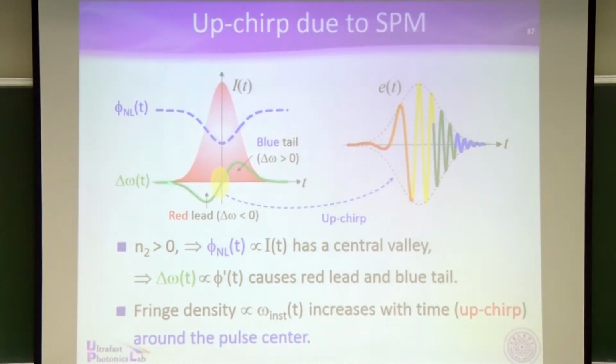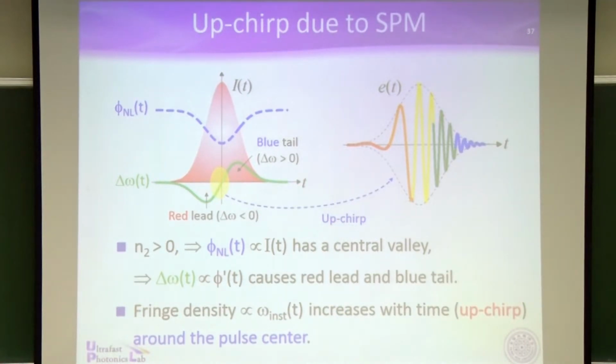Here you have fringe density decreasing with time. Here, same thing, okay? So for the very beginning and the very last moments, you have downchirp instead of upchirp. But for your pulse center, this is a monotonically increasing function. You have a standard upchirp, okay?